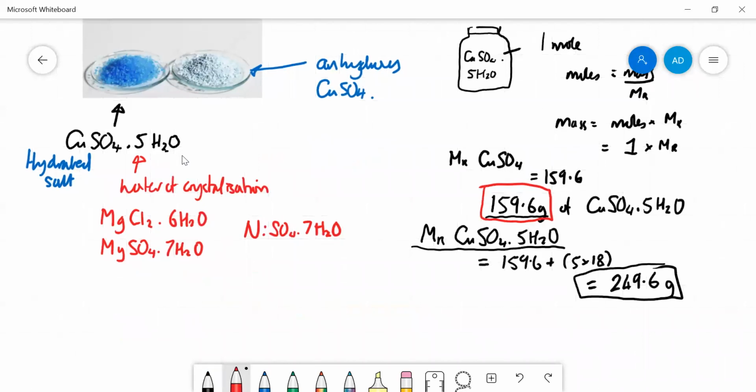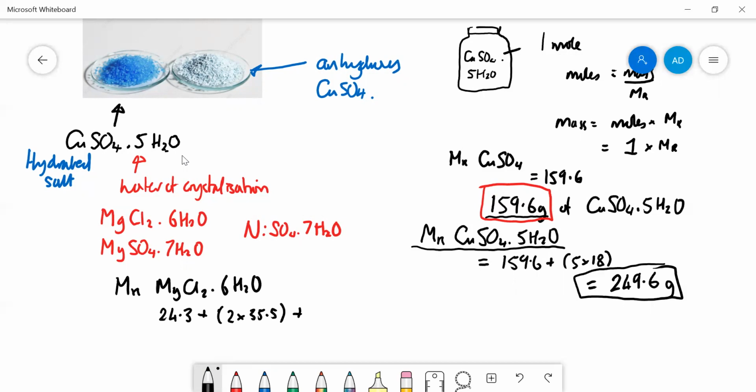So let's just do that. Magnesium chloride 6H2O, what's that going to be? The Mr of magnesium chloride 6H2O. Magnesium is 24.3. Chlorine is 35.5, and then each water is 18, so that's 2 chlorines plus 6 times 18.